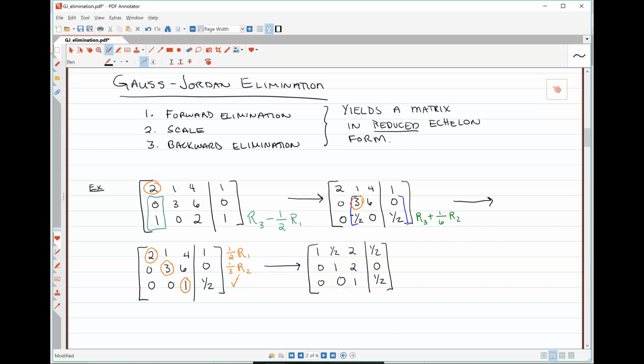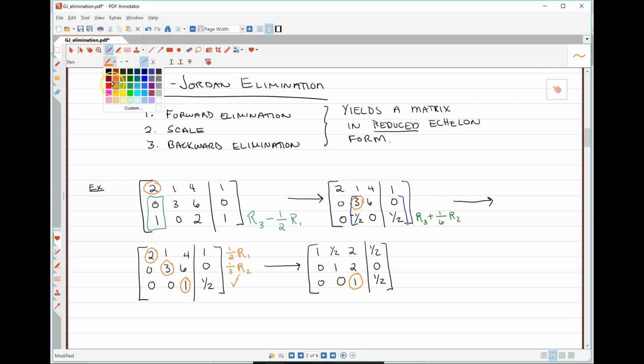For all of these steps, if you're not quite sure how we're getting from one to the other, you should pause the video and just check to make sure you can see how it's done. All right, that's the end of the scaling phase, and now we do backwards elimination. We already have our pivots identified.